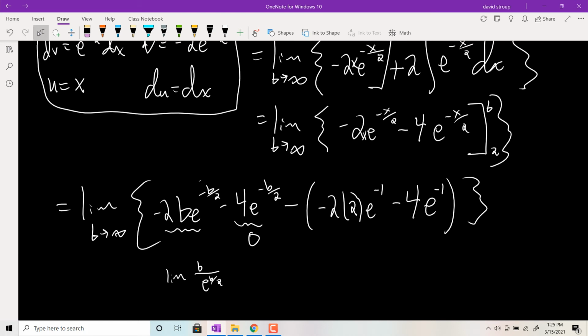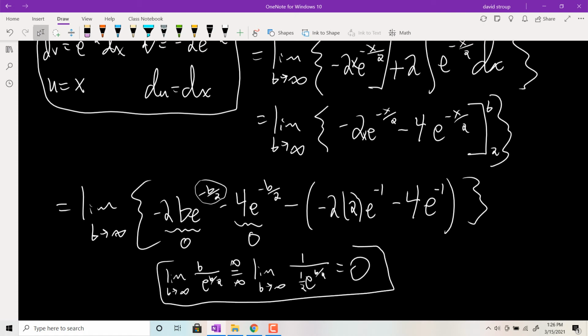Notice it's negative, but if you drop it to the denominator, it will be positive as b goes to infinity. This is infinity over infinity, so you do a L'Hopital's, limit as b goes to infinity of 1 all over e to the b over 2 times 1/2, and then that'll go to 0. So this part will also go to 0.